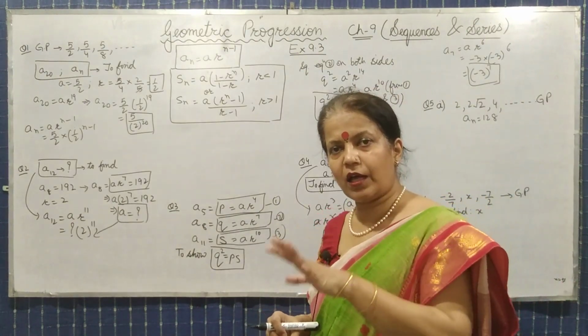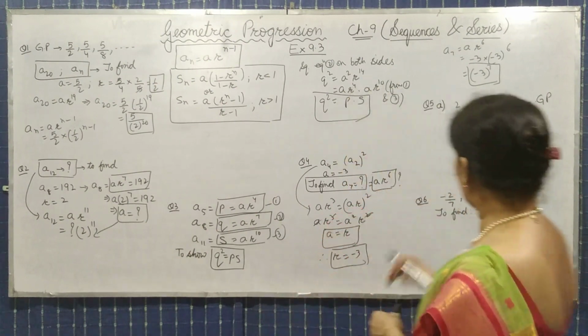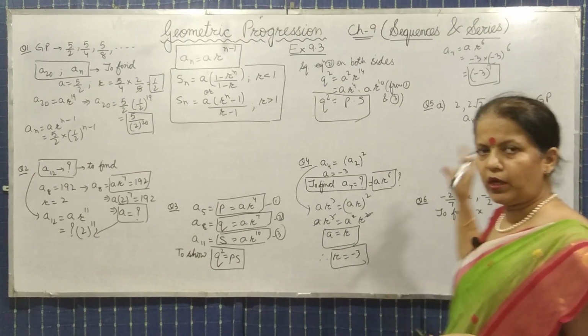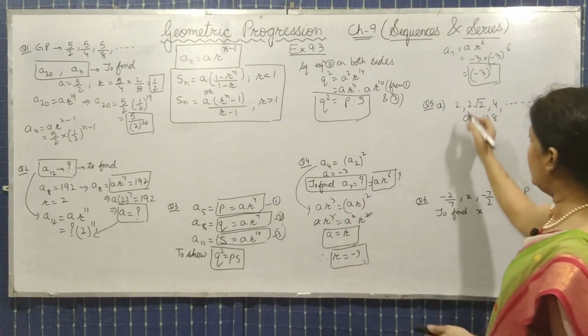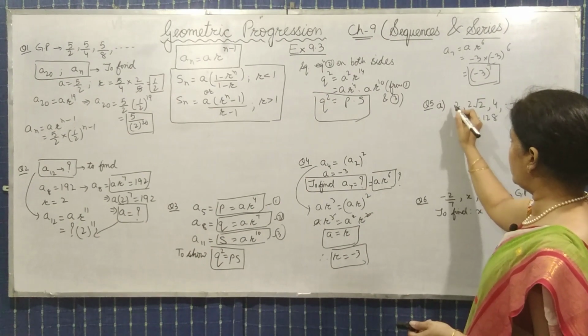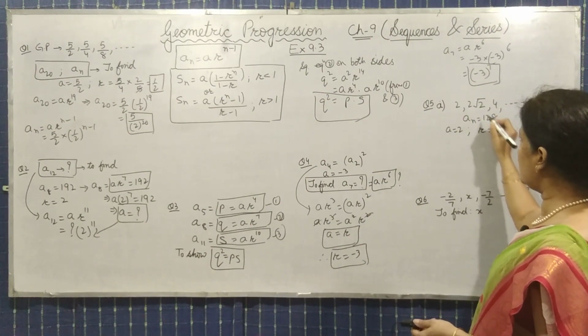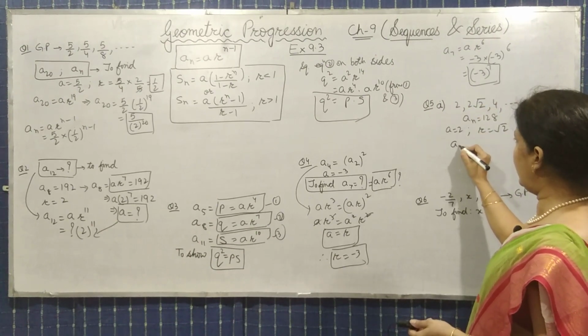It means the last term in this given GP series is 128. So we will take nth term as we do in AP also, nth term as 128. So from this given GP series, a is 2 and r is root 2.